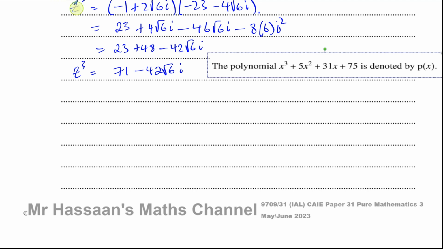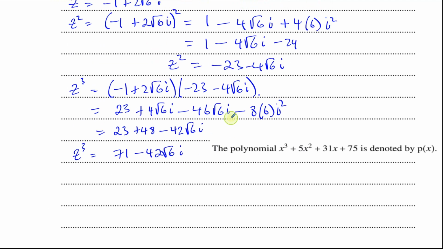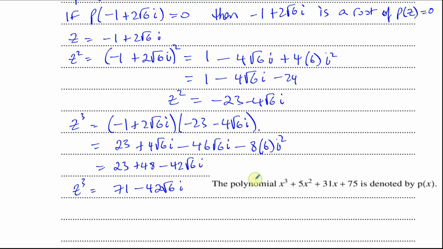So we want to now replace z, z squared and z cubed into this expression. So we're going to have p of minus 1 plus 2 root 6i is going to be z cubed, which is 71 minus 42 root 6i, plus 5 times z squared. Z squared is negative 23 minus 4 root 6i.